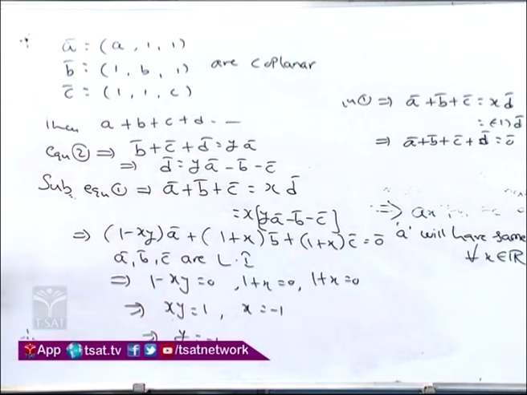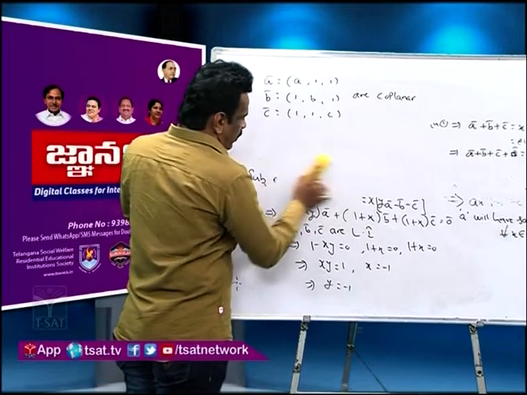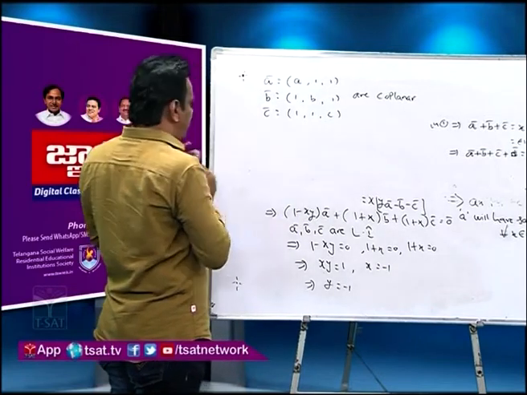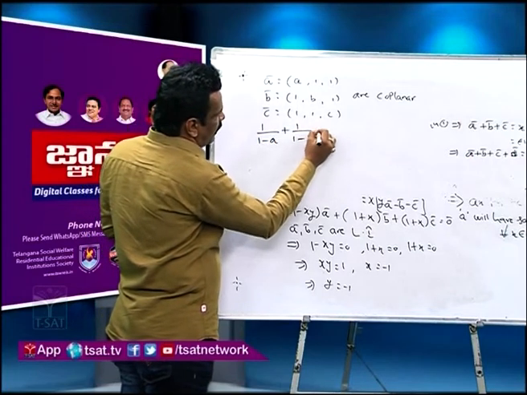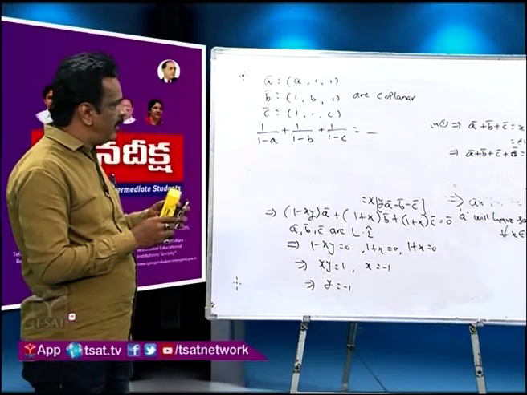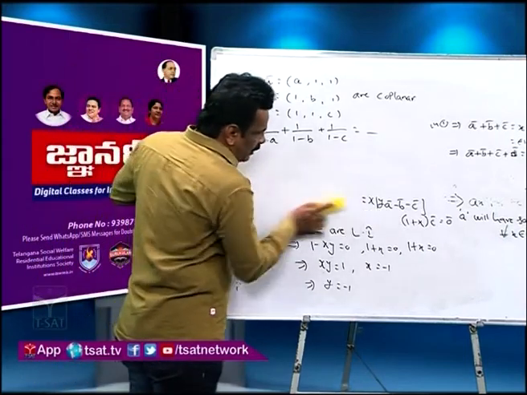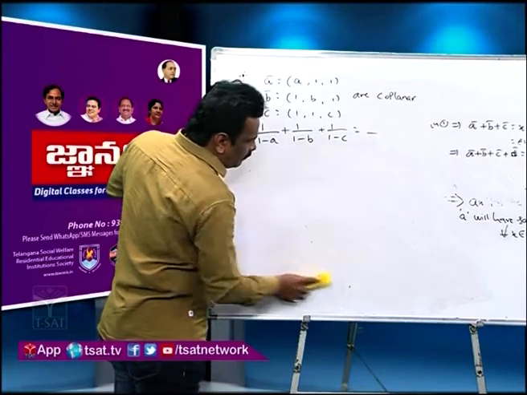If the vectors are coplanar, our object is to find the value of some fixed expression. We can say 1 by 1 minus A plus 1 by 1 minus B plus 1 by 1 minus C equal to how much. So usually we say whenever three vectors are coplanar, box of the vectors equal to 0. Here also we do the same.